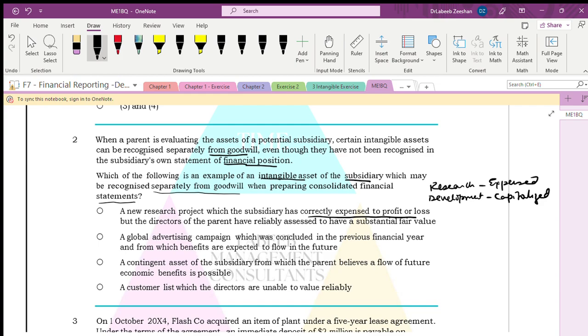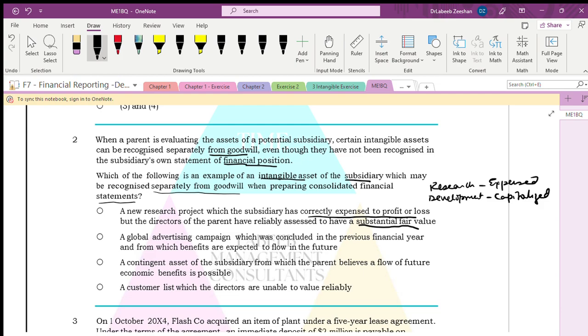A research project which the subsidiary has correctly expensed to profit or loss, but the directors of the parent have assessed it to have a substantial fair value. Is it? It means the subsidiary has done appropriately, but ultimately the parent company will have its own judgment.